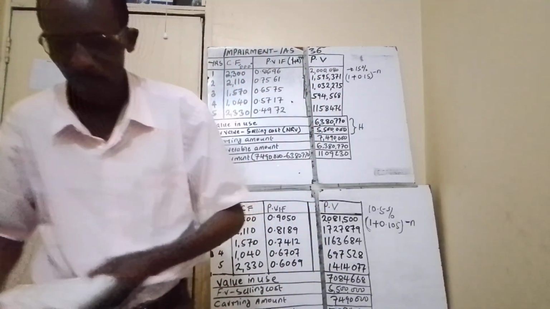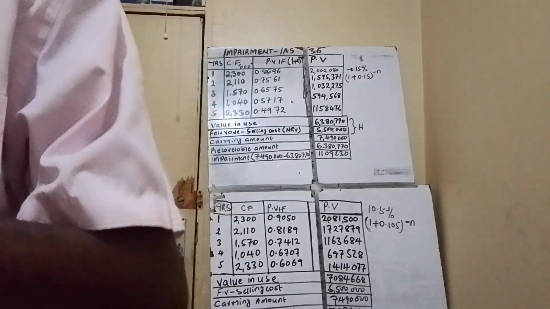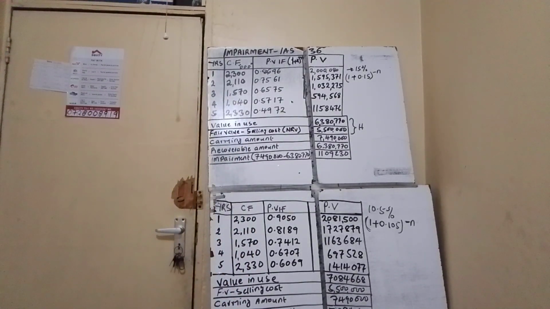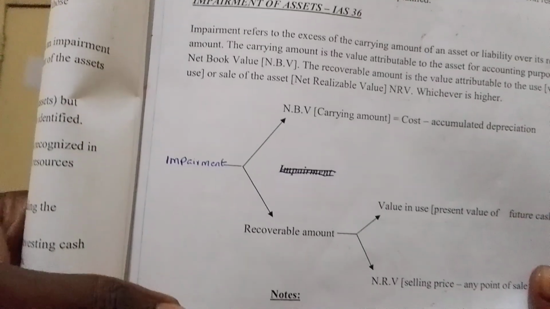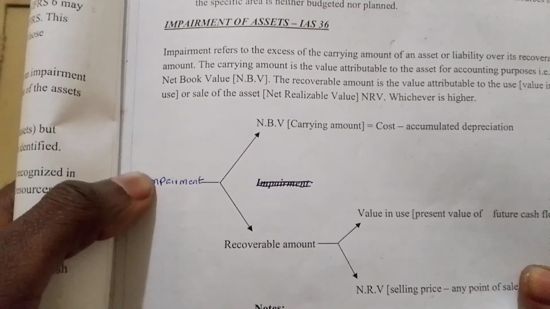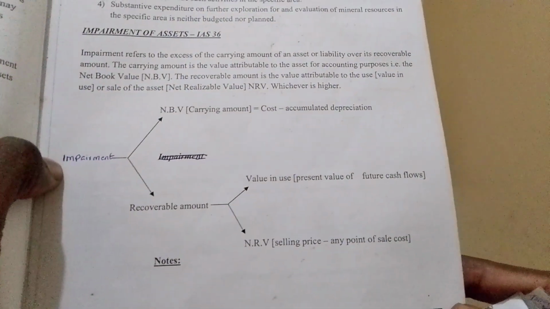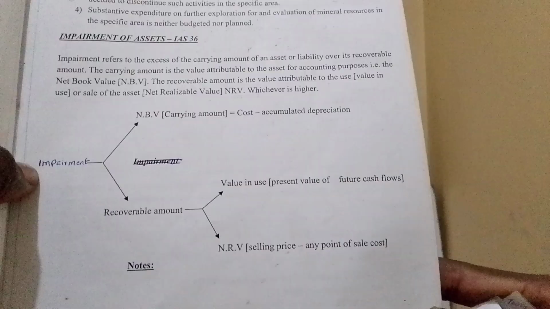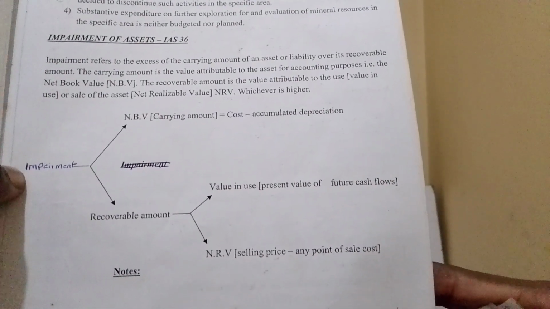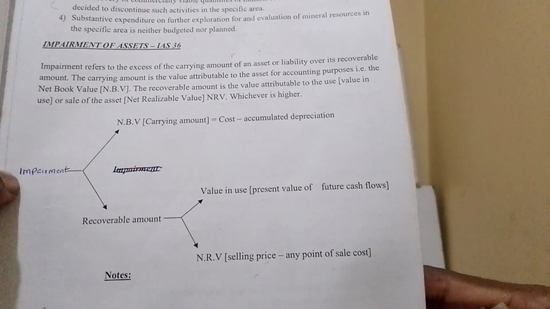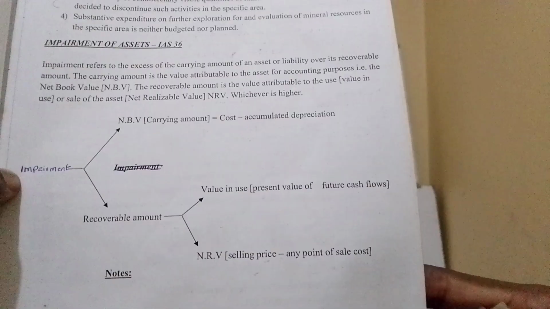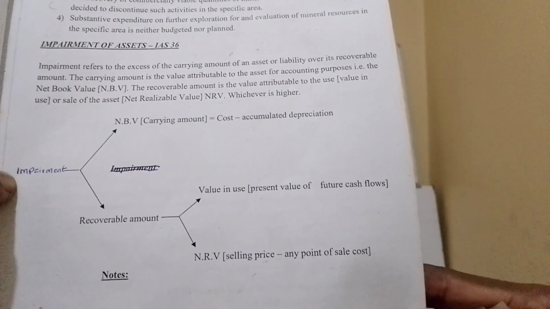Now let me project that so that you can understand what I'm trying to say. So just look at that diagram here, see where my figure is, where impairment is. Try to look at that. Impairment occurs when you compare net book value or carrying amount with the recoverable amount.